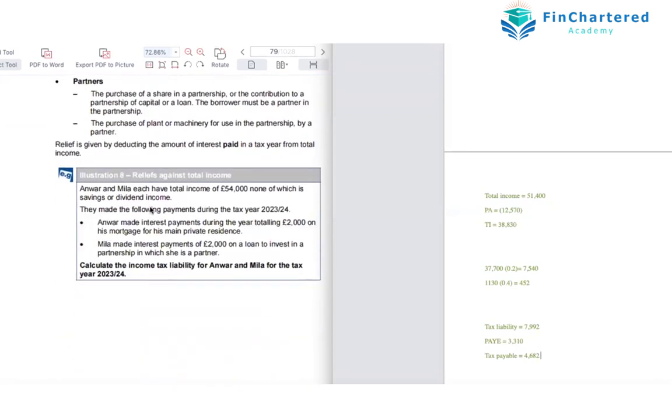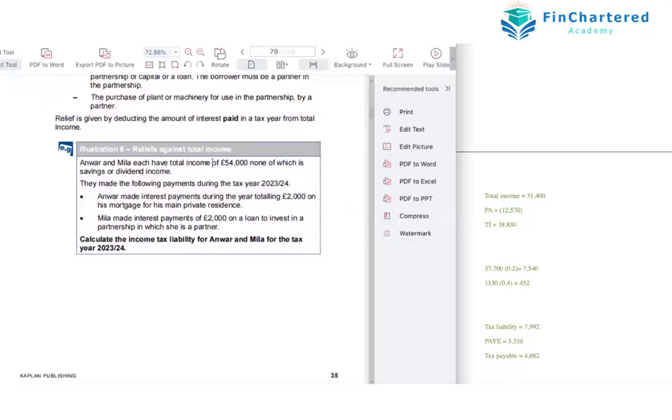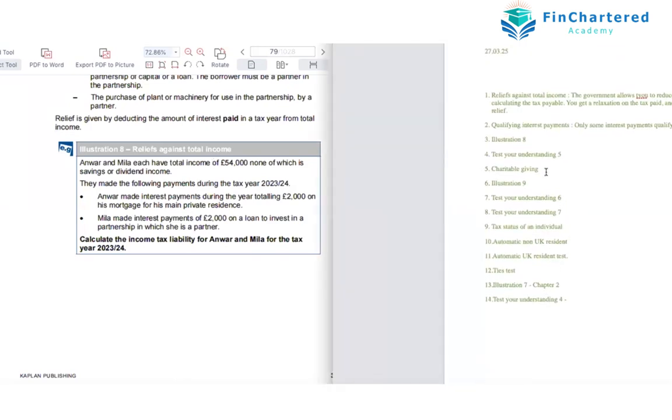a relief. And we've looked at illustration 8 about how both Anwar and Mila are making the same salary, they have the same income, both are paying the same interest, but their tax liabilities are different because Mila got a relief. We did this sum today, illustration 8.